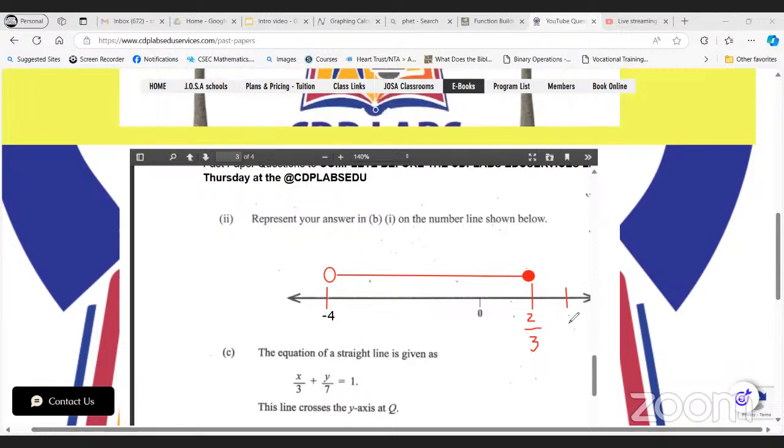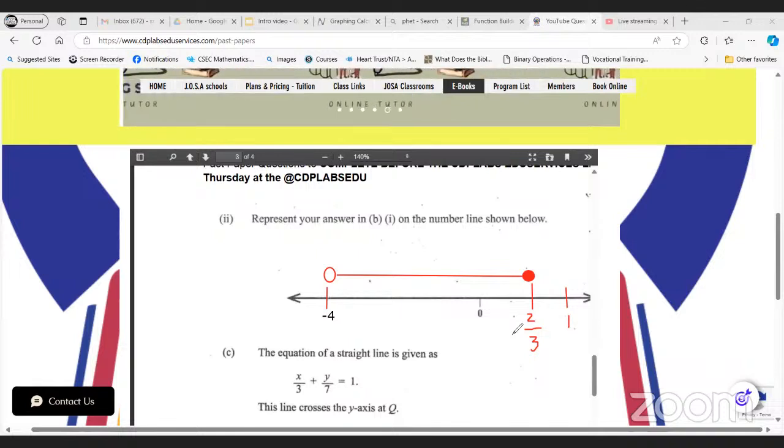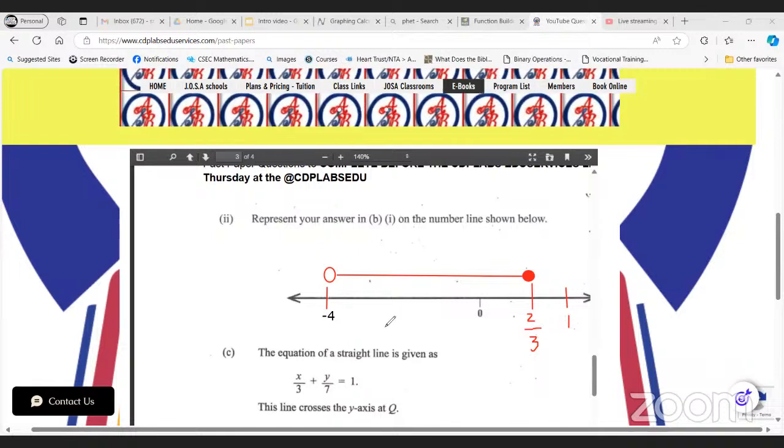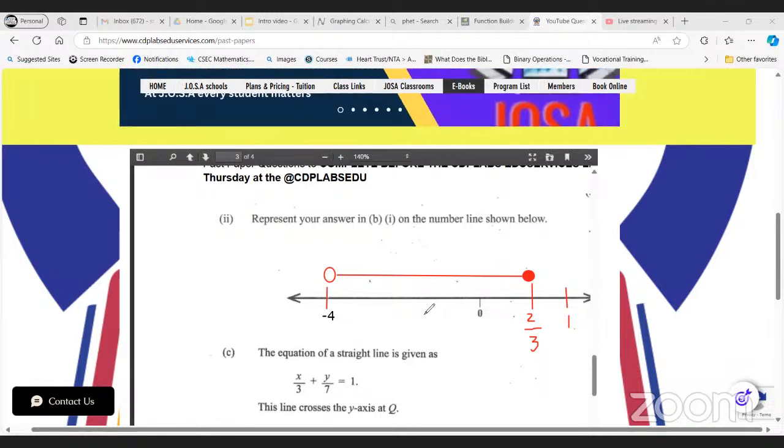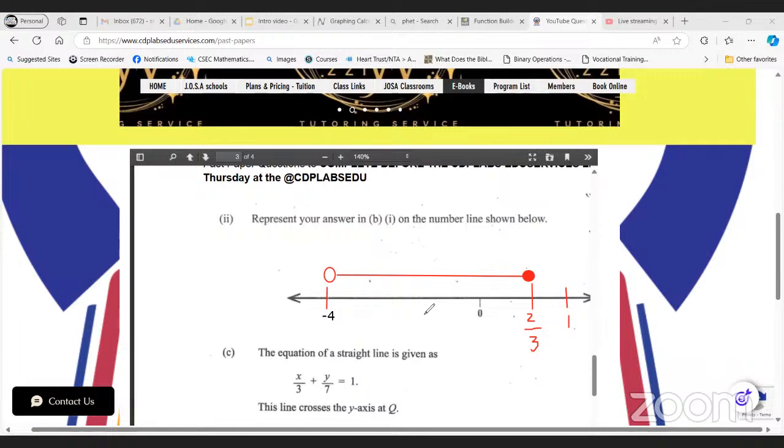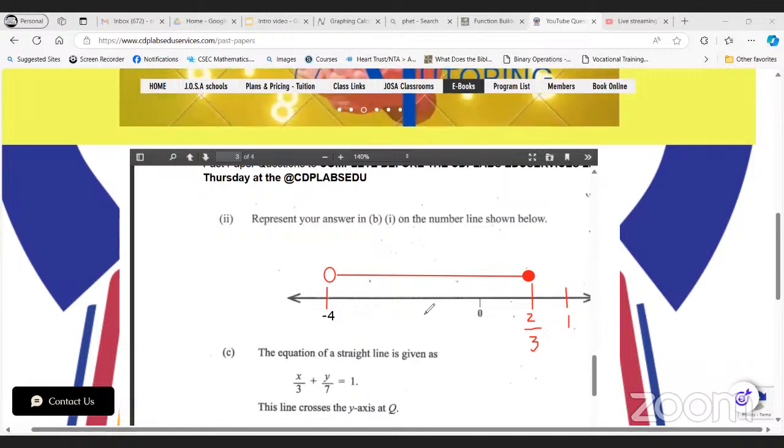And this one, I'm going to put the number 1. So we can see that the value falls between 0 and 1. And this now would be how you represent your answer. Okay? Same as how it is on the graph.